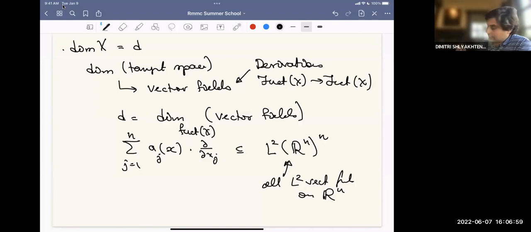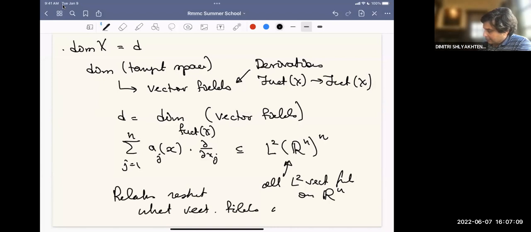So relations restrict what vector fields are tangent. And in fact, if you want to be precise, you can describe some condition on these a_j's for what functions you permit. The way you would do it is you would just differentiate a relation with respect to this vector field, and you should get 0. Otherwise, it's a problem.